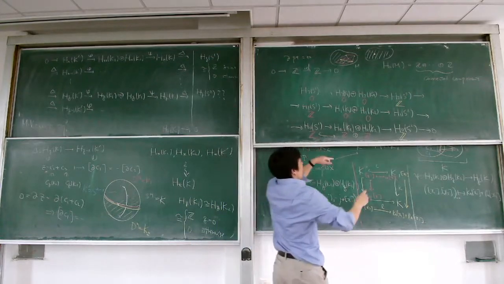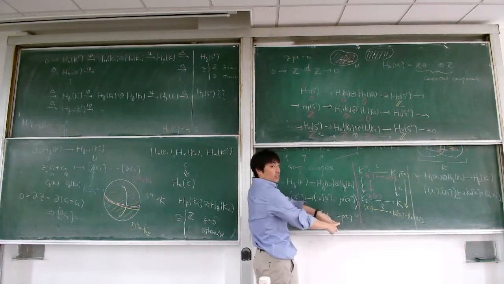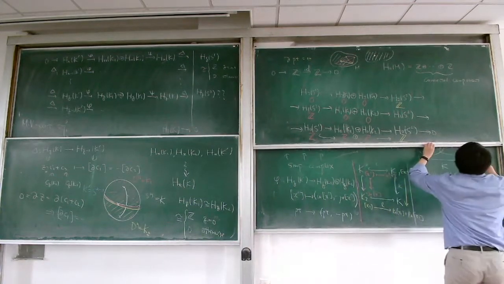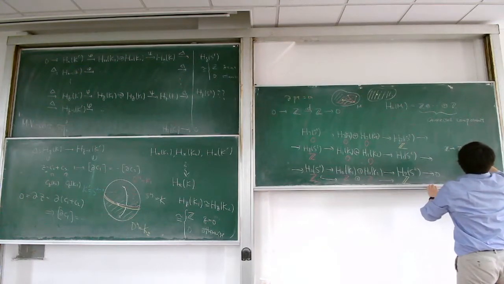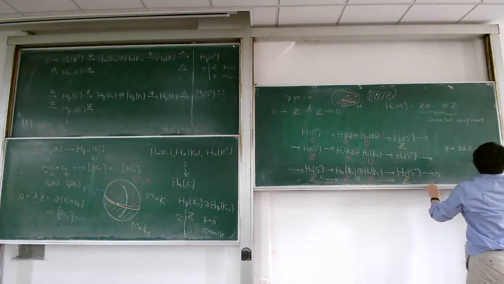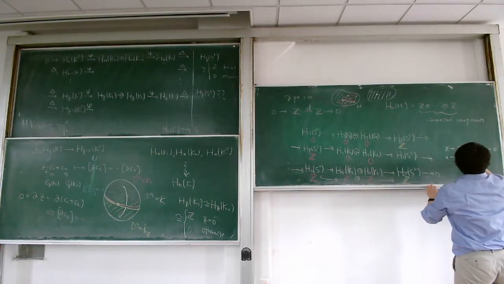And then under the map from here, you can just add them together, so you get 0. So at the end of the day, you have Z plus Z, and Z goes to 0. Some element A is mapped to A plus minus A inverse. That's the map.